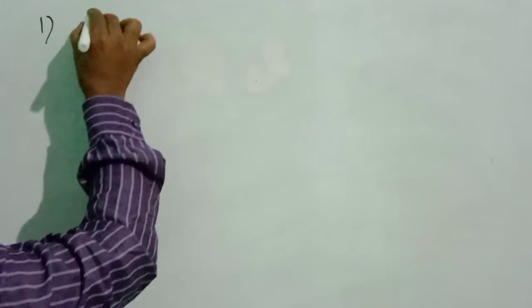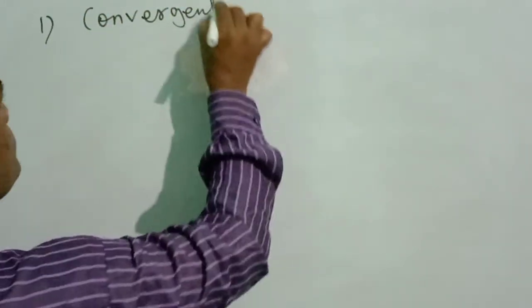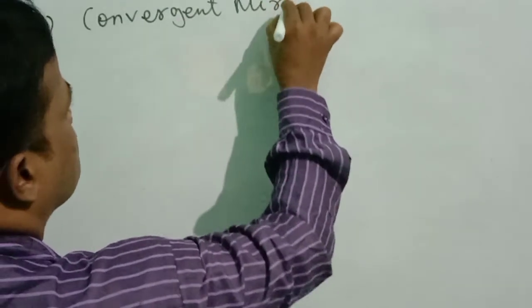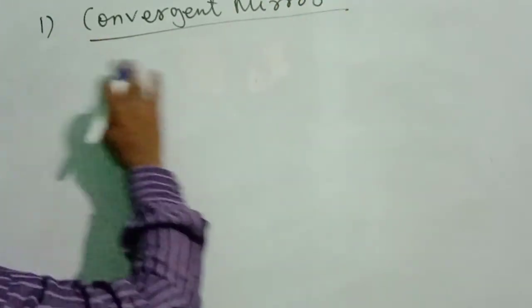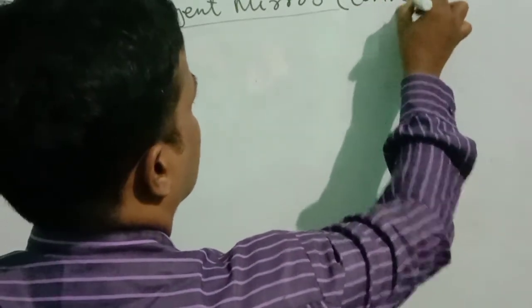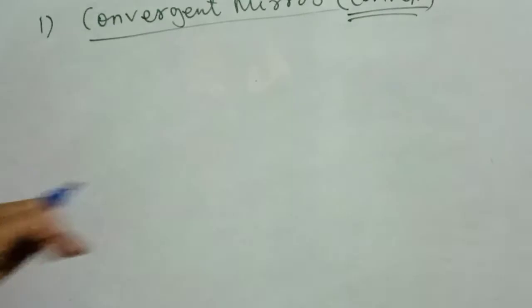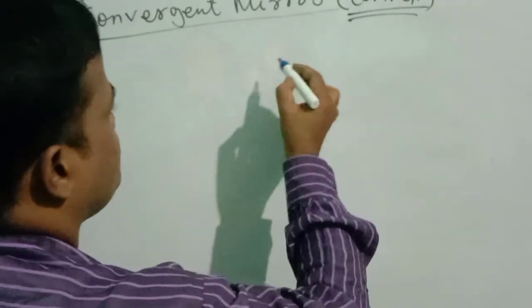Number one, convergent mirror. Convergent mirror is called concave mirror. The convergent mirrors are called concave mirrors. Let us see why.